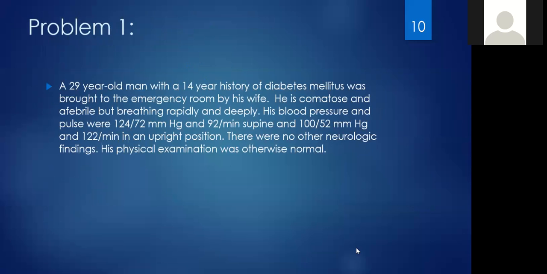So for our first case, we have a 29-year-old male with a 14-year history of diabetes who was brought to the ER by his wife. He's comatose, but afebrile, and he's breathing rapidly and deeply. His blood pressure is 124/72, his pulse rate's 92, and he clearly becomes orthostatic upon standing. There's no other neurologic findings on exam, and his physical exam is otherwise normal.